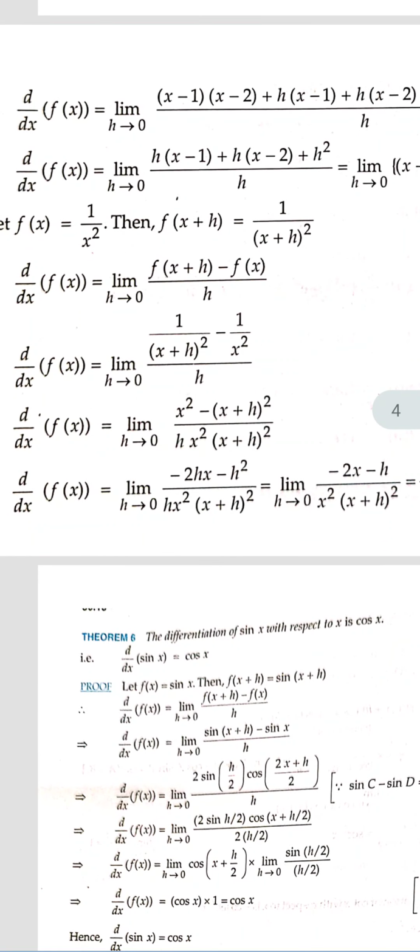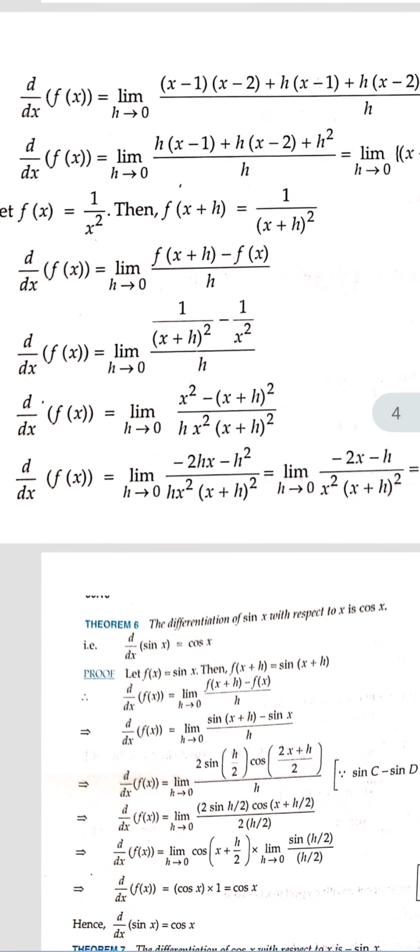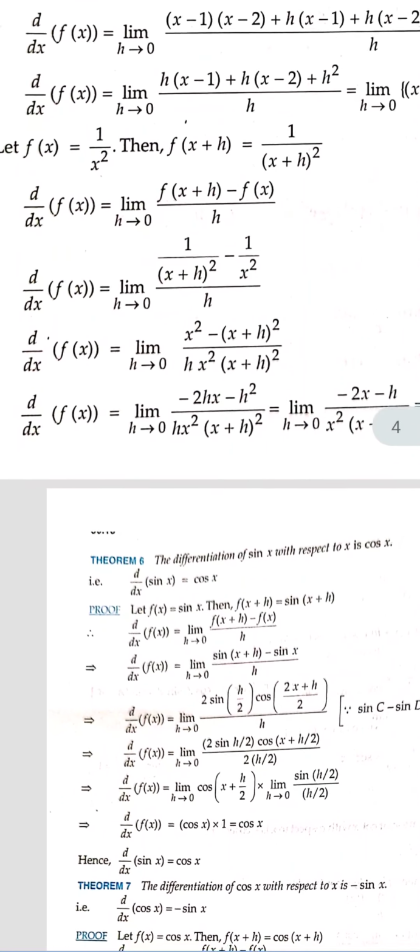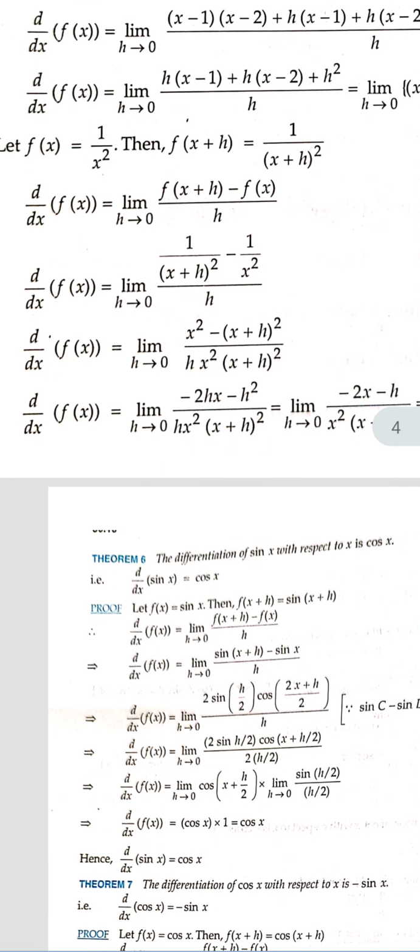Consider the example f(x) is equal to 1 upon x square, f(x plus h) is equal to 1 upon (x plus h) whole square. Then f(x plus h) minus f(x) upon h can be written as 1 upon (x plus h) whole square minus 1 upon x square upon h. Take the LCM and we get x square minus (x plus h) whole square upon h x square (x plus h) whole square.